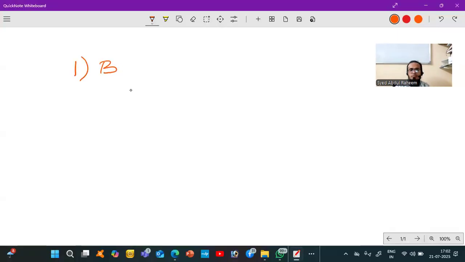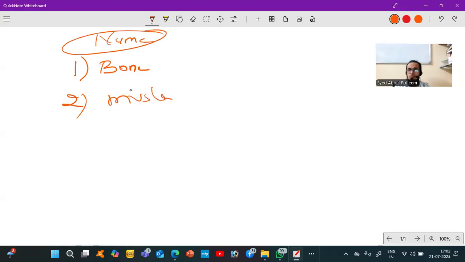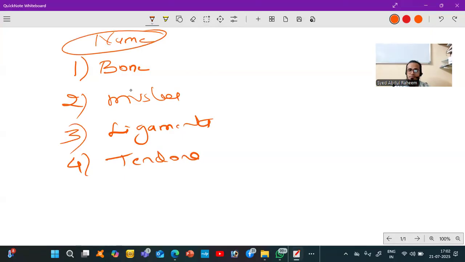Number one is bone. We should know the names of the bones in any joint or area. Second is muscles; we have to know which muscles are present. Then we have to know the ligaments, then the tendons, then the articular surface and the nerves present in that area.